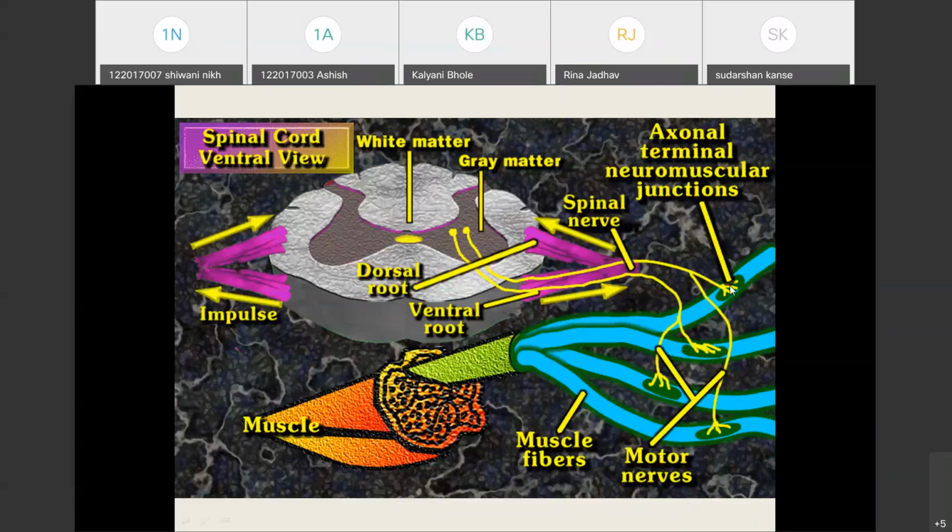Now what happens at this synapse? At this synapse, there is a network of dendrites, and at the tip of the dendrites, because of this electrical signal, a biochemical substance is generated, and that interacts with the muscle.